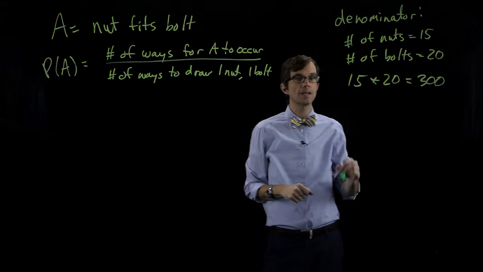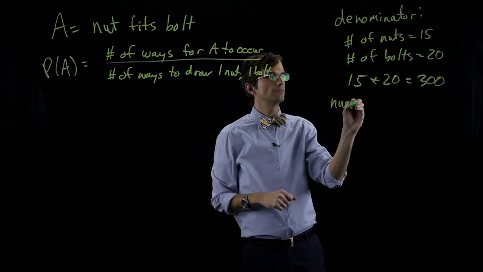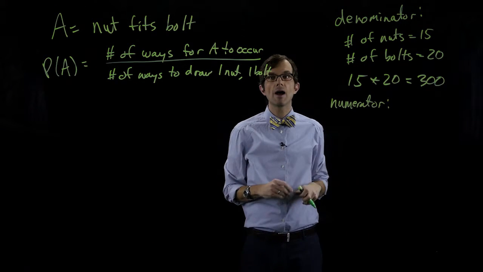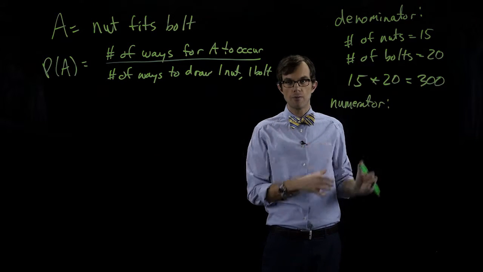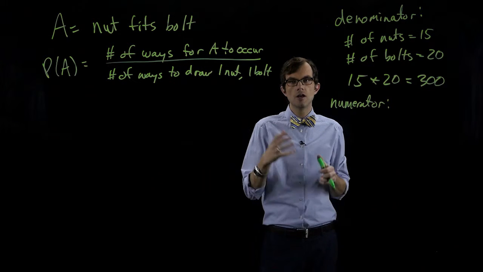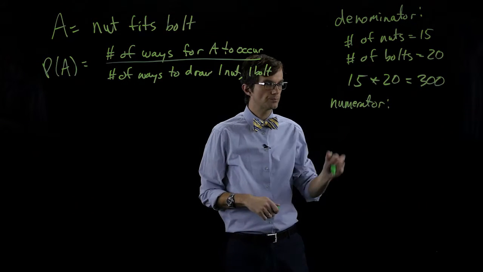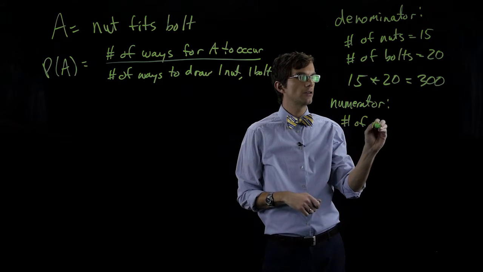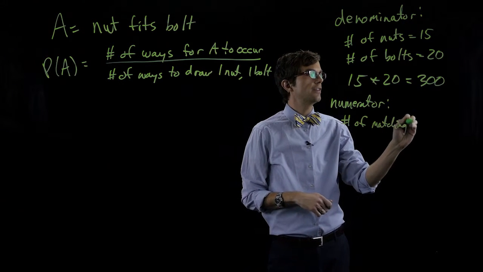Now let's talk about the numerator. This is a little bit more difficult, not too bad though. Let's think about the number of ways that we can match different pairs, and let's think about them from the thick, medium, and thin bolt perspective. So let's think about the number of matching thick pairs.